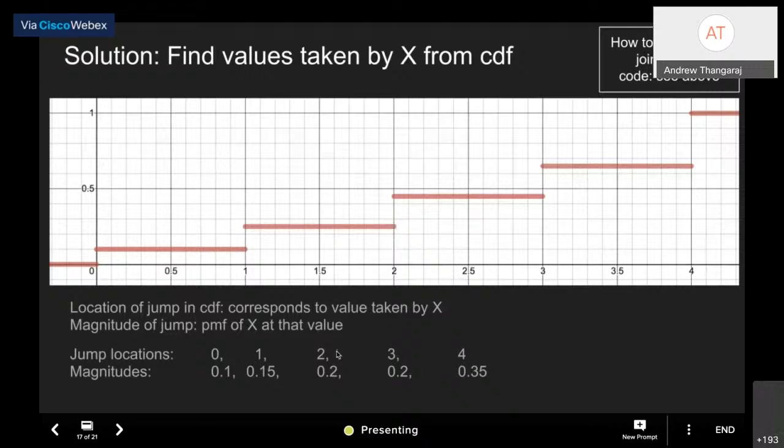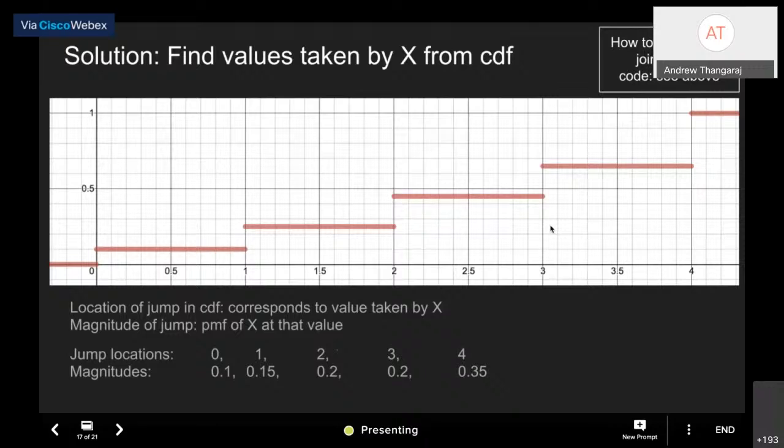So that's 0.2. The jump at 3 is from 0.45 to 0.65. That's again 0.2. The jump at 4 is from 0.65 to 1. That is 0.35. Okay, is there a dispute with any of these values?